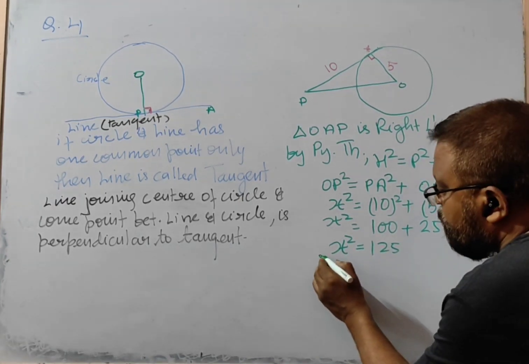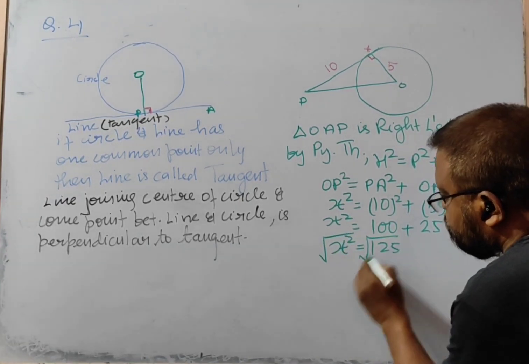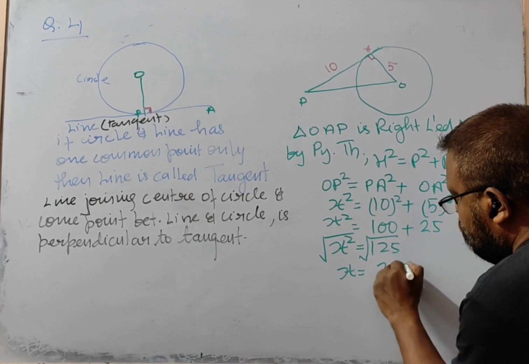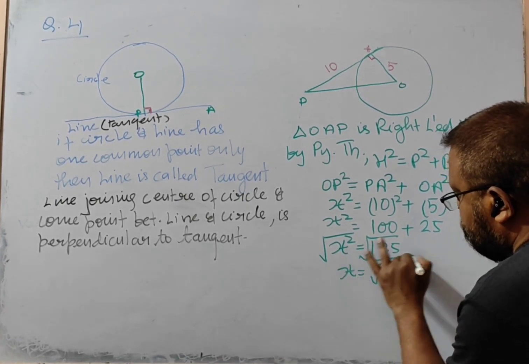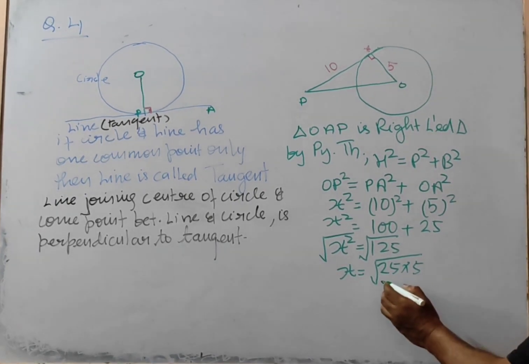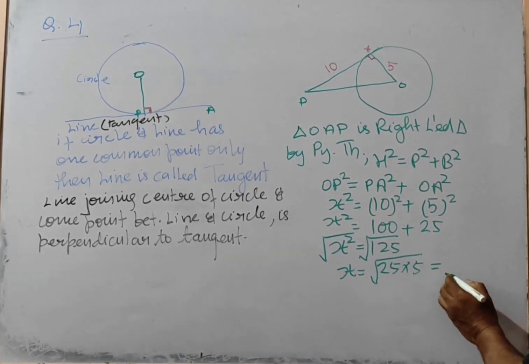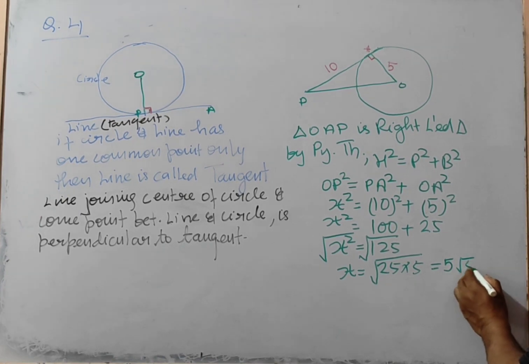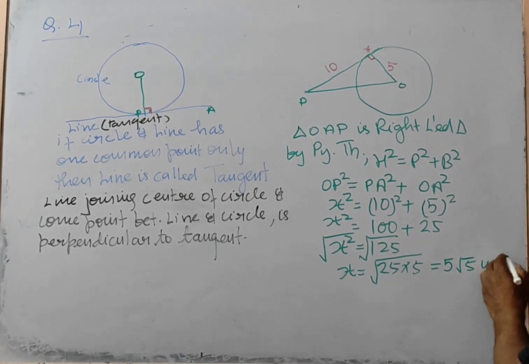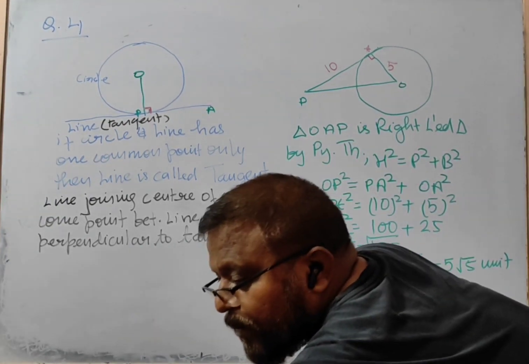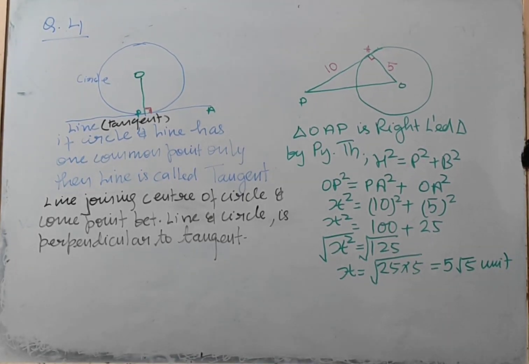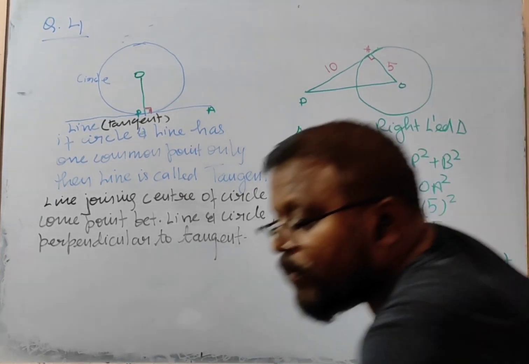Now taking the square root on both sides, x is equal to square root of 25 into 5. 25 is a perfect square of 5, so we can write 5 root 5 units.